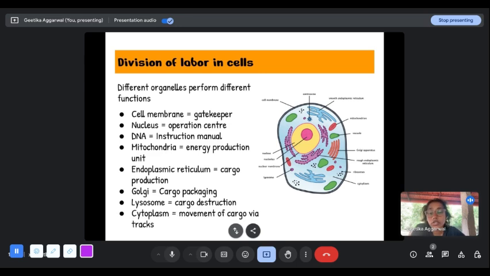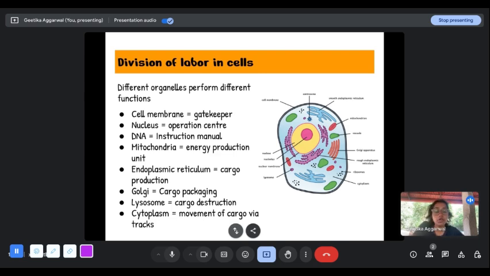So these are a few organelles. There's also the cytoplasm, which is basically the milieu inside the cell, the thing that makes up the inside of the cell between the nuclear membrane and the plasma membrane. That's the cytoplasm, and it is made up of a lot of things like the cytoskeleton, these filaments that help in the movement of the cargo via all of these tracks.